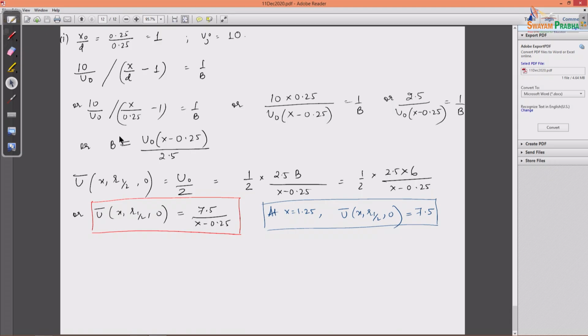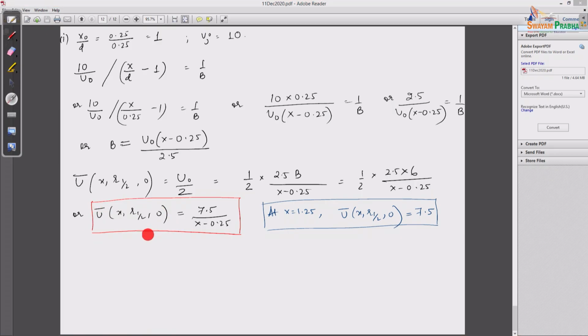We put those values in, and we get the value of b, which is again equal to 6. So what we end up with is this relationship.